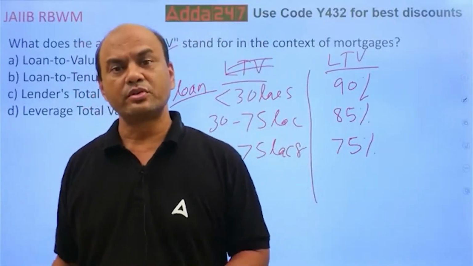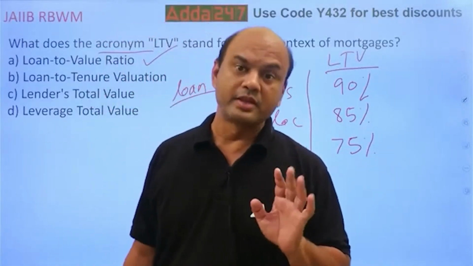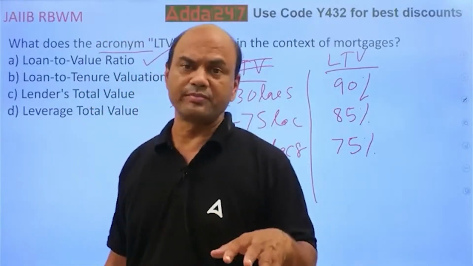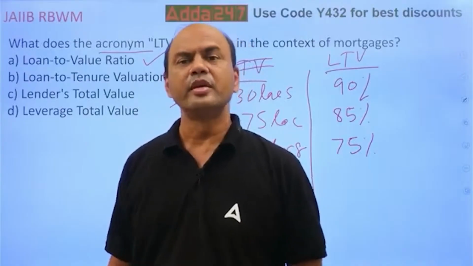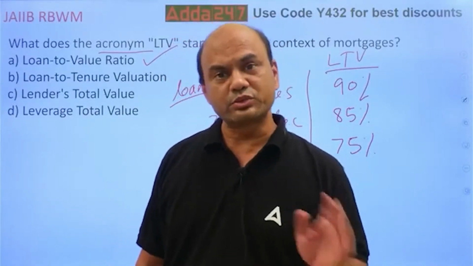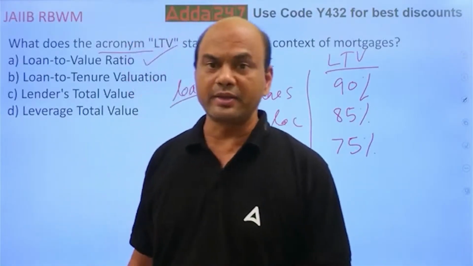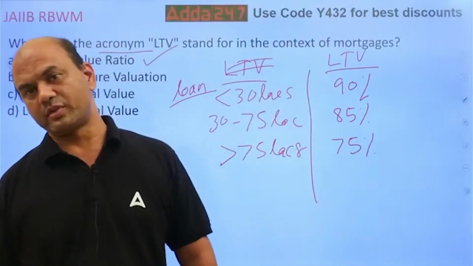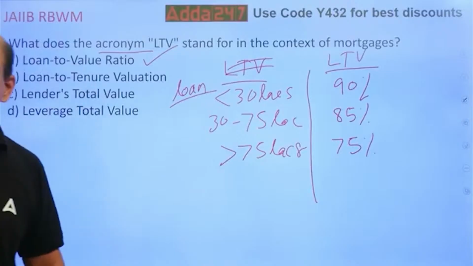In that case, I have to go beyond the 75%. I can go, subject to special approval from the board of directors, or whichever authority is given in the bank. So case to case it can vary, but these are the general thumb rules given by RBI that you have to follow generally. Exceptions are allowed.